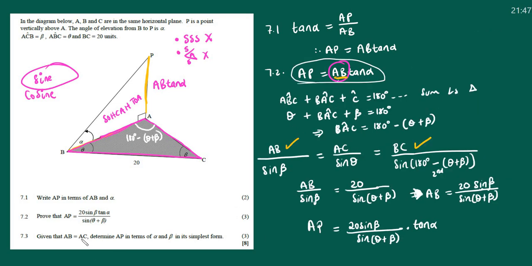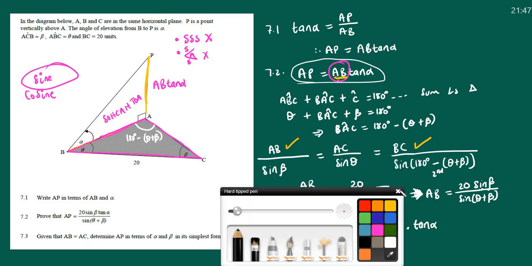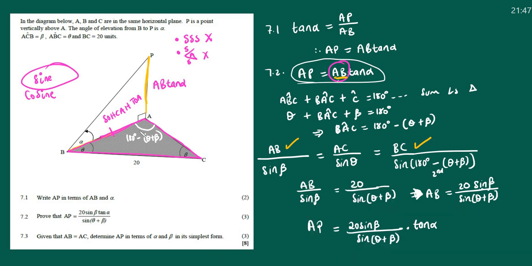They say given that AB is equal to AC, meaning this line here, AB is equal to AC. Determine AP in terms of alpha and beta in its simplest form.